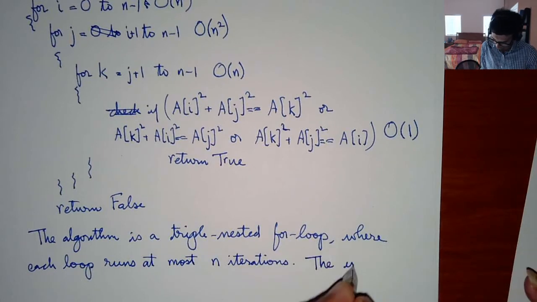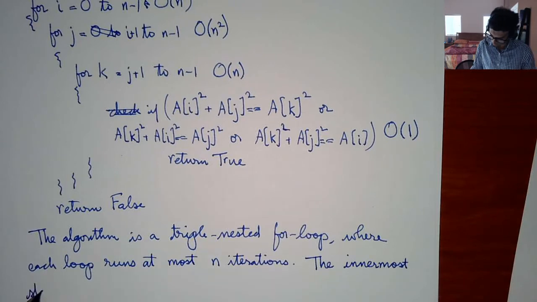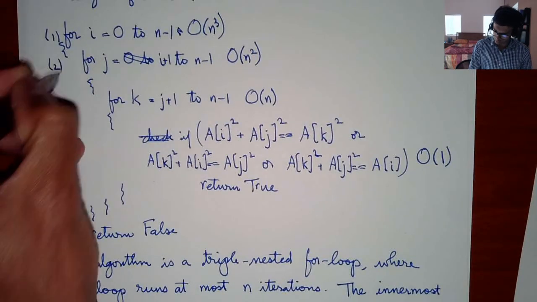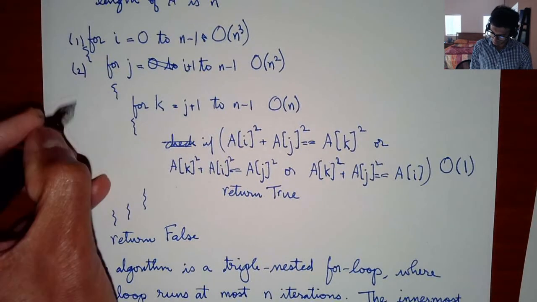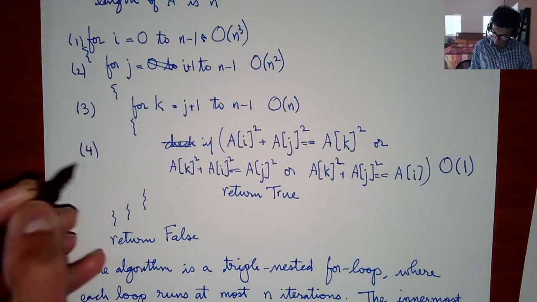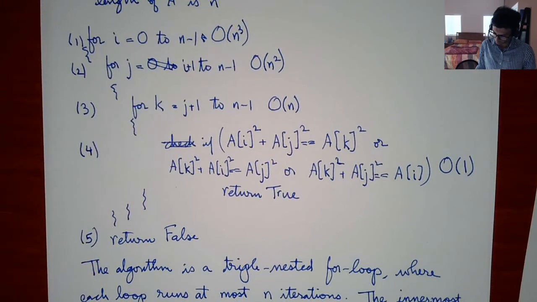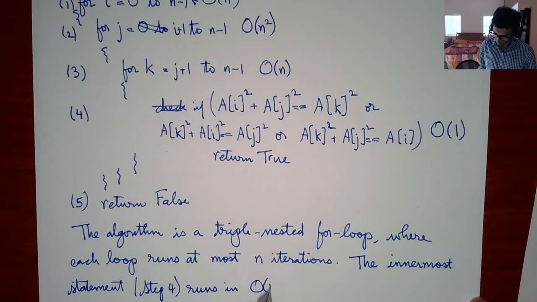The innermost statement, and if you want, you can even number these. Line 1, 2, 3, 4, and 5. The innermost statement, step 4, runs in O of 1 time.